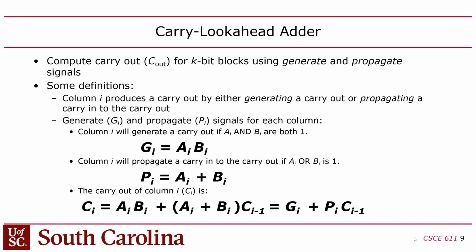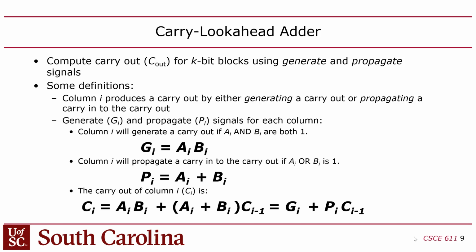So one way you can attack this problem is, instead of having the carry ripple all the way through the adder chain, you can group together sets of consecutive columns.